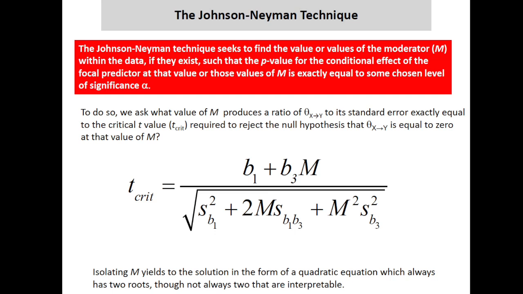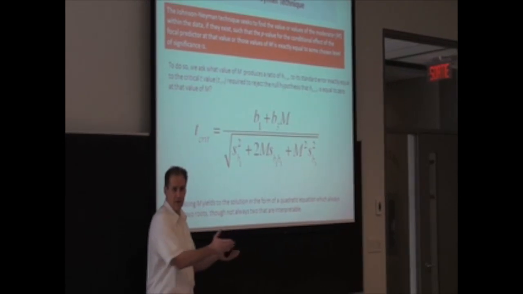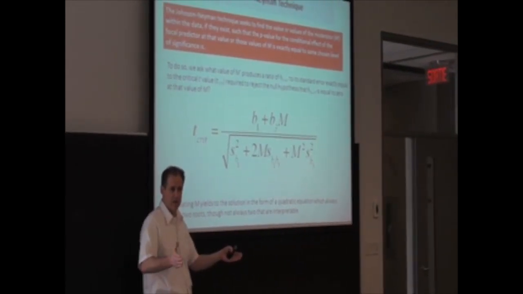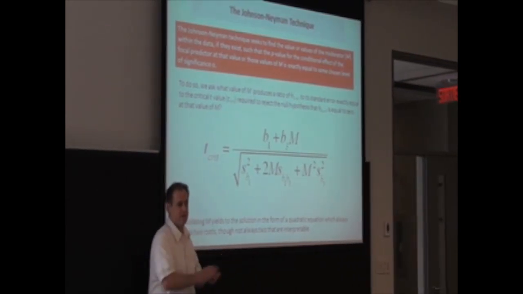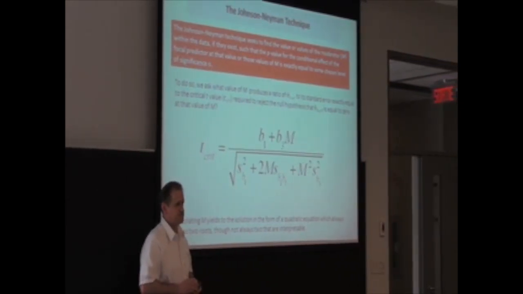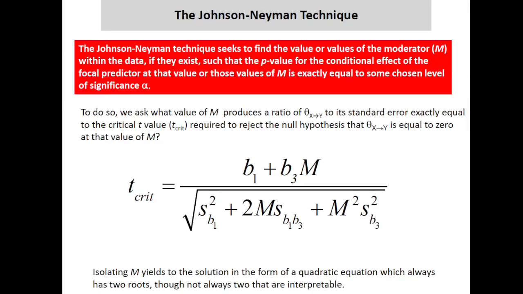As you increase M, it's no longer significant. And then maybe it's not significant anymore for any other value. Or it could be that it's significant, becomes non-significant, but at some value of M changes to significant again. Or it could be that it's not significant out in the extremes, but it is in the center. So these points of transition are important because they define the regions of significance. So what we're doing with the Johnson-Neyman technique is trying to find the values of M that define those points of transition.